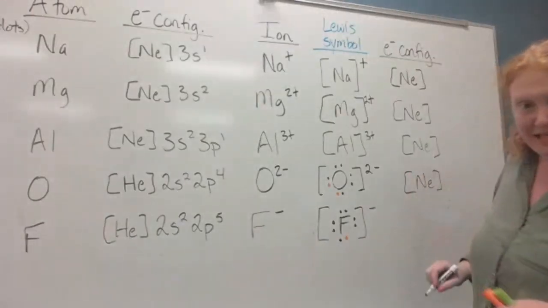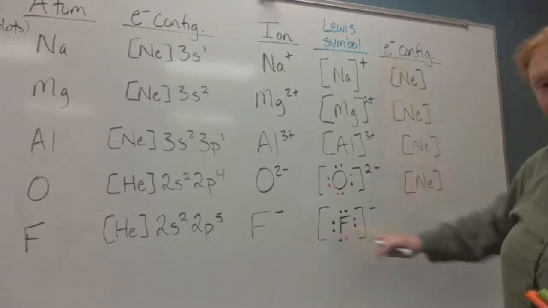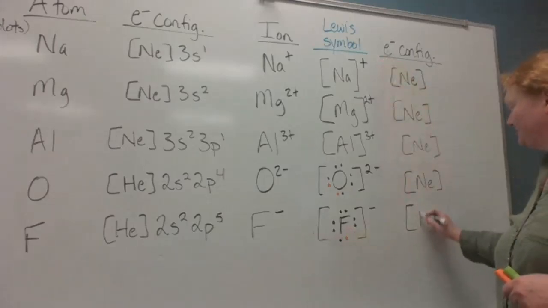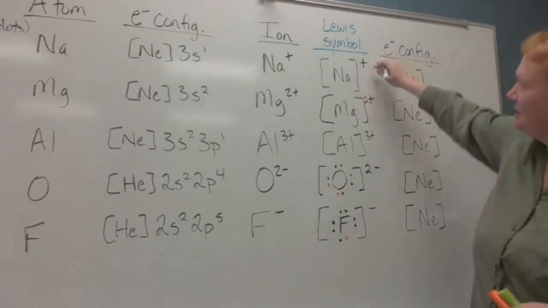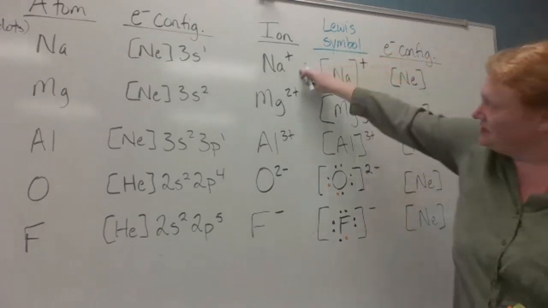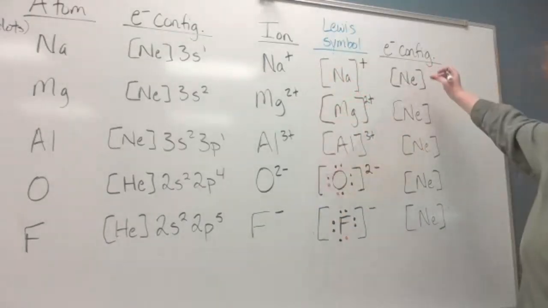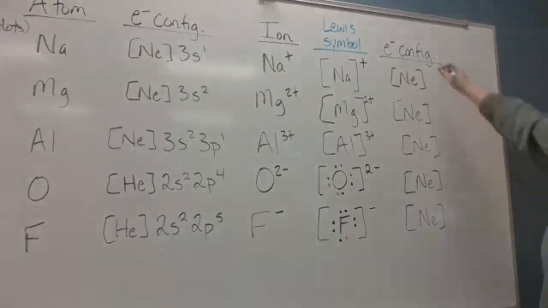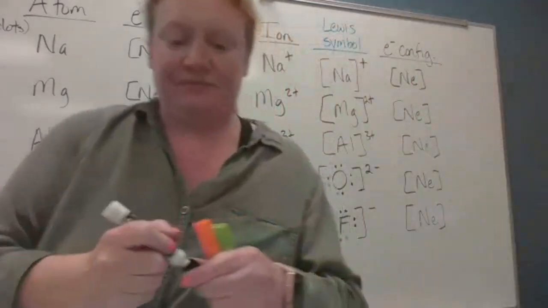It is now the same configuration as neon, the same as all these other ones. So is the fluoride ion. Isoelectronic. These 5 ions all have identical numbers of electrons in identical orbital configurations.